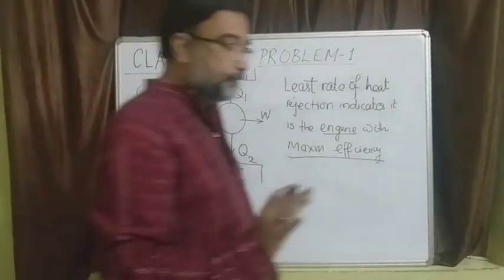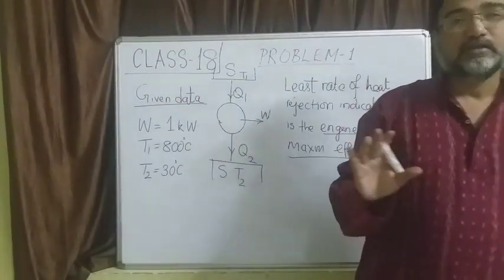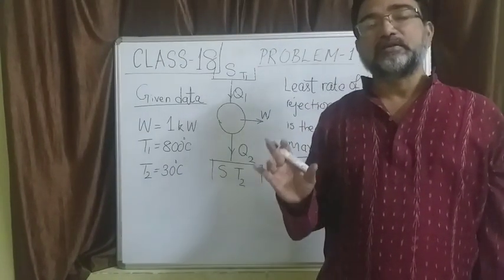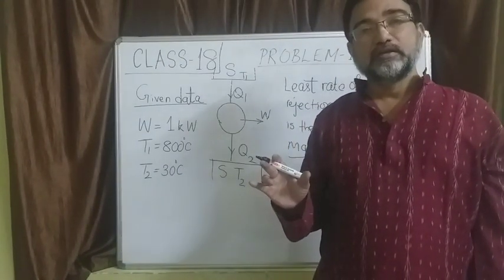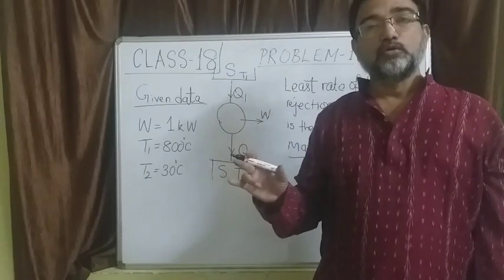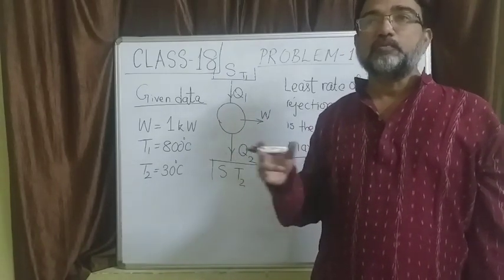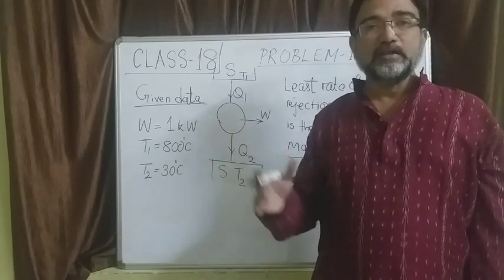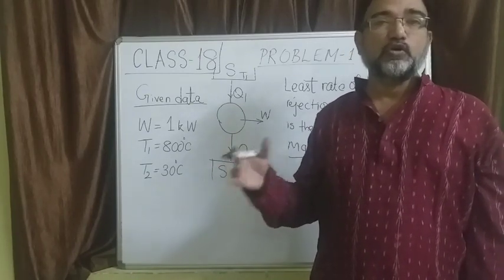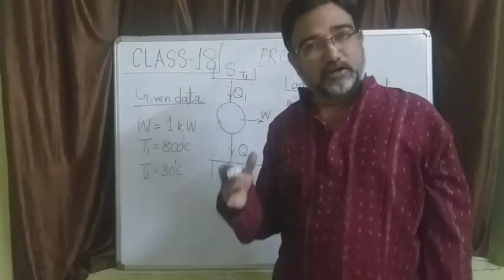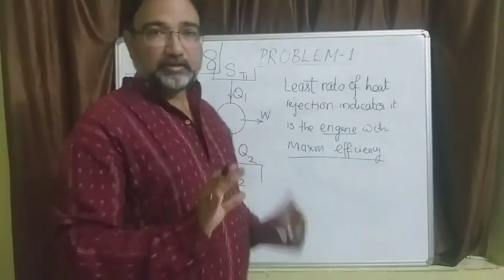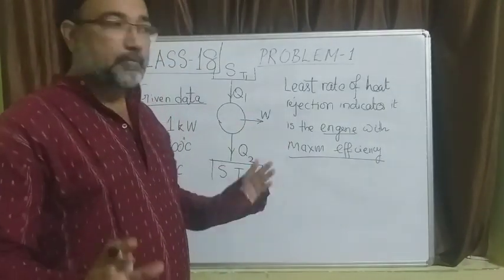Usually in thermodynamics, the temperatures are expressed in small t, t1 and t2, when they are measured in degree centigrade. When we convert them to absolute, they are denoted in terms of capital T. There is no such rule, but this is a normal practice.